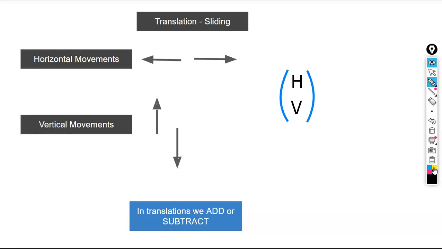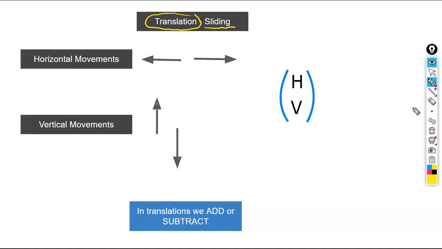Today, when we're doing translations, the good news is there is no multiplication. How much of you all think that is good news? Instead, when you're doing translations, also known as sliding, you only have addition and subtraction to do.